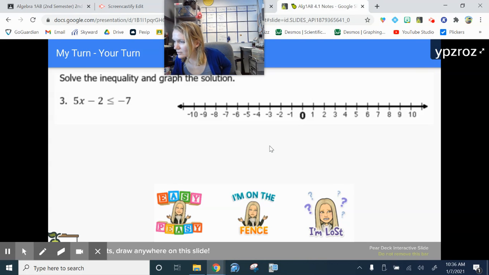Good. So -7 plus 2. If you're struggling with that, think of it as really subtraction because you have a negative and a positive.